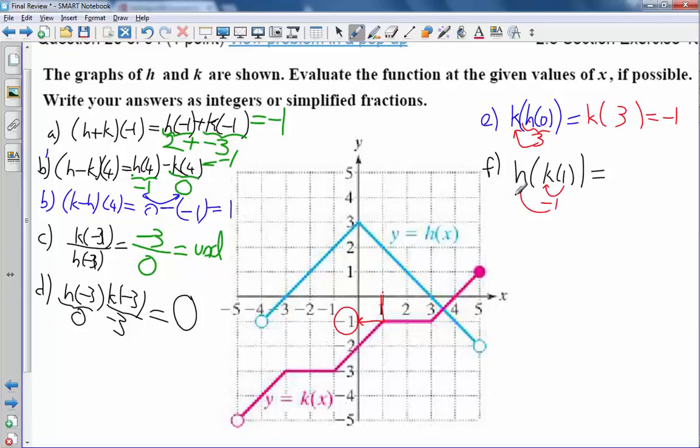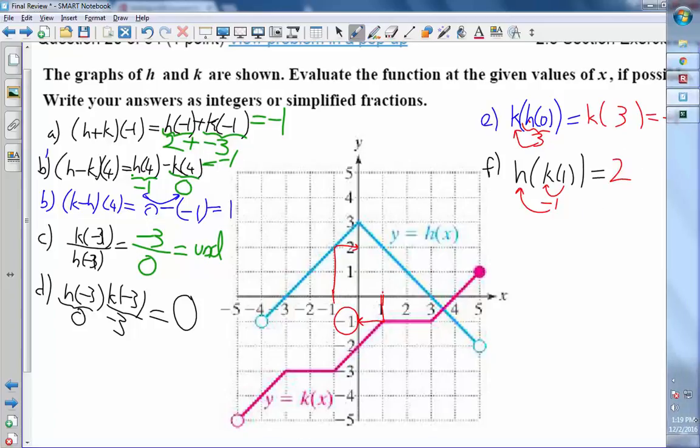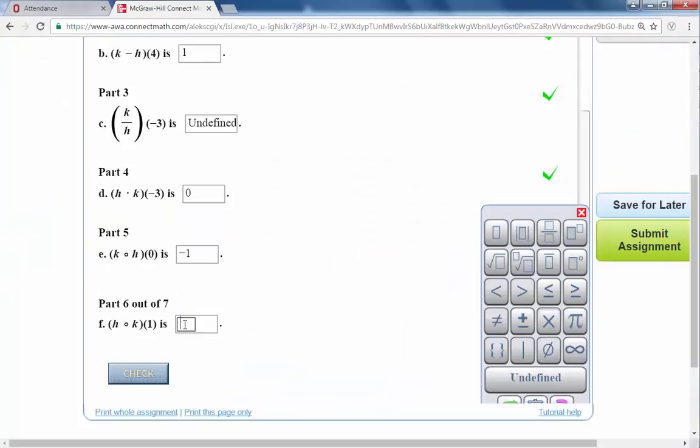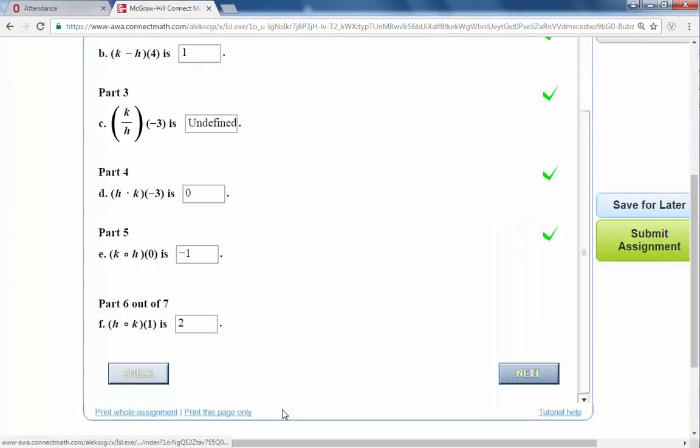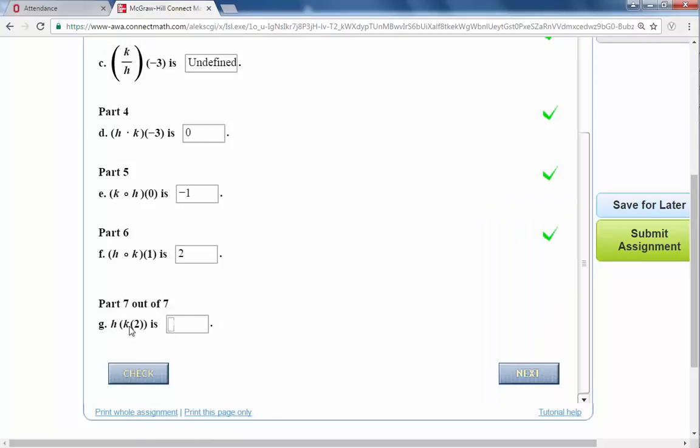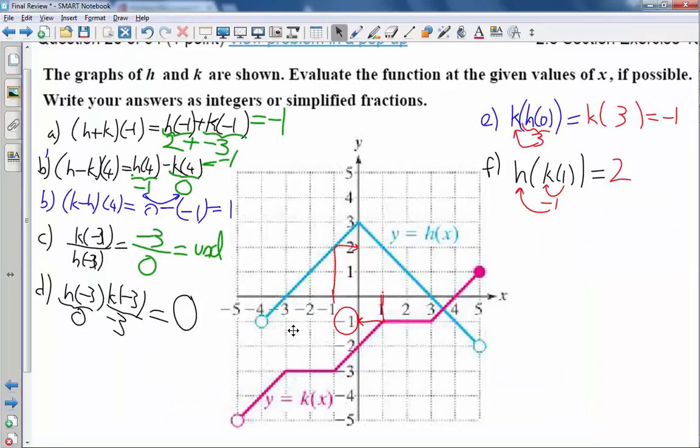Now -1 is going to visit H. Where is -1? I'm taking the brand new -1, visiting H. Yep, 2. And finally, we have 2 going into K and then going into H. Let's do this quickly. 2 going into K, -1, -1 going into H, 2.